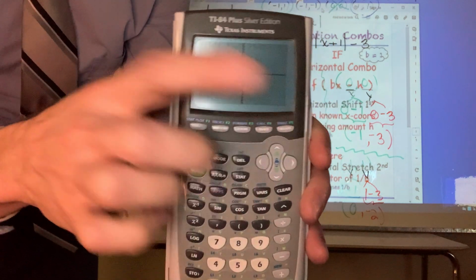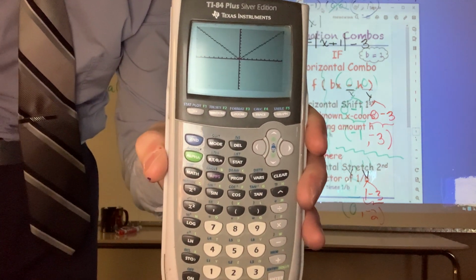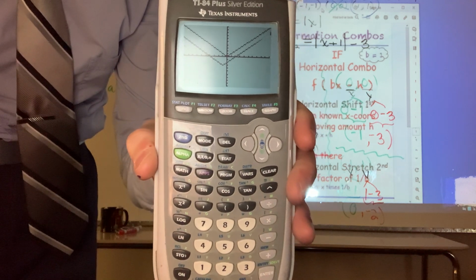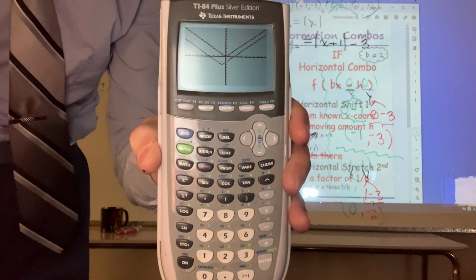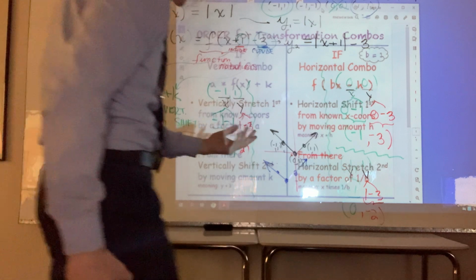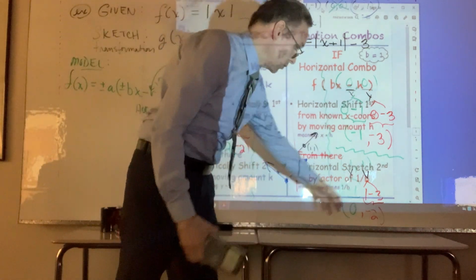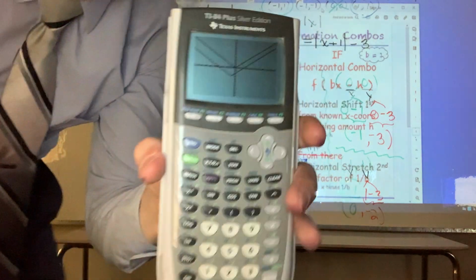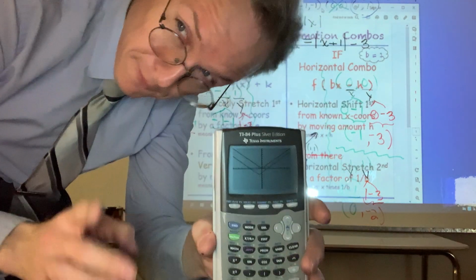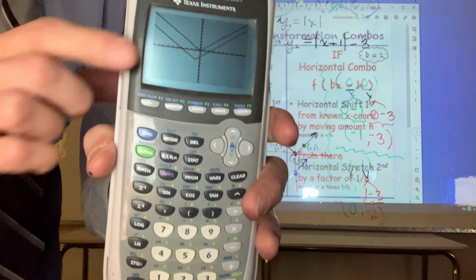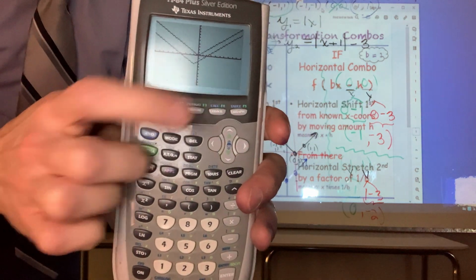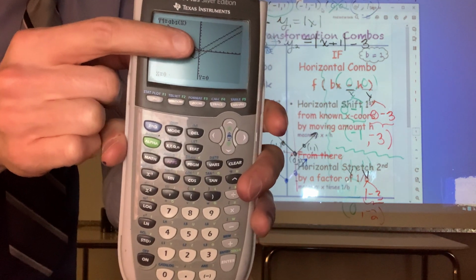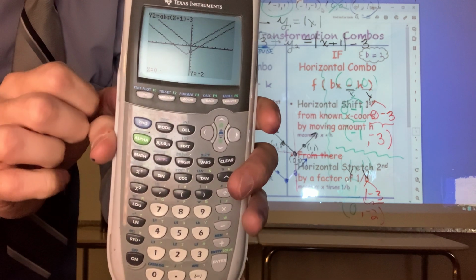All right. Here's the graph of the original one, and here's the graph of where we have it. Now, if you want to confirm those dots that I generated, in other words, to verify your educated guess, hit trace, and then you may have to move your cursor down to the bottom function first, right?